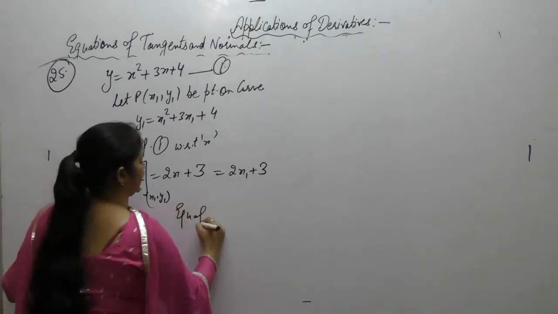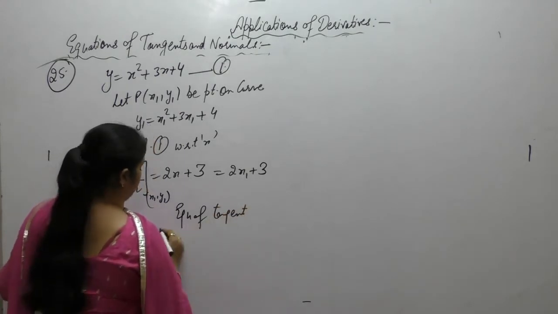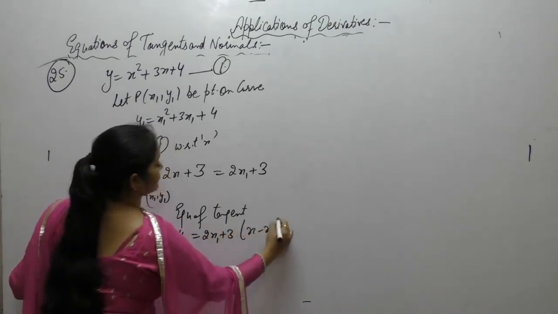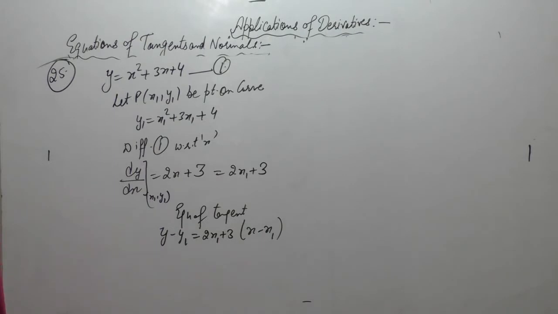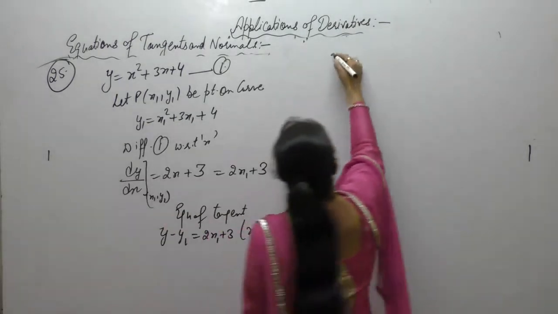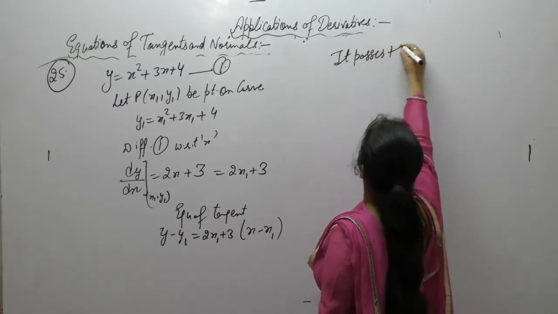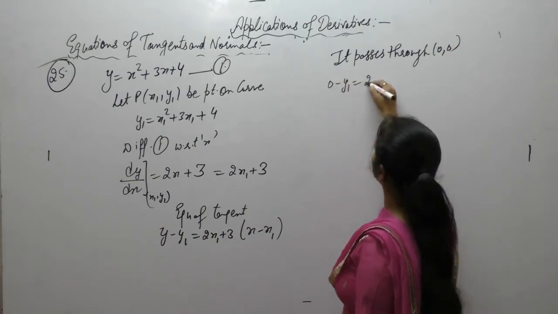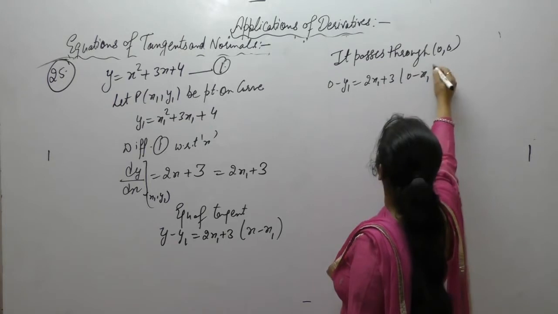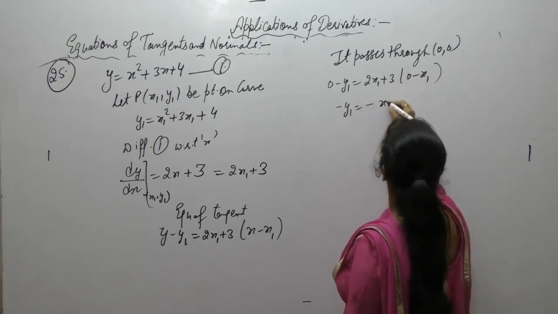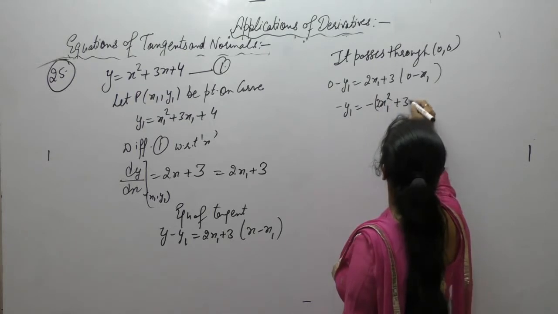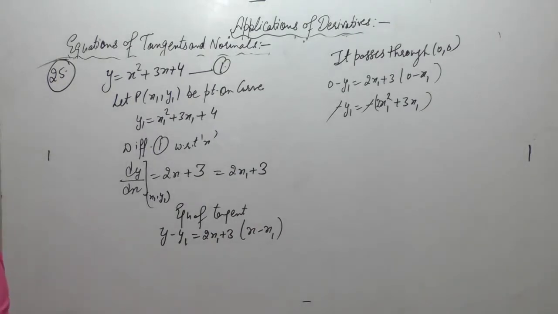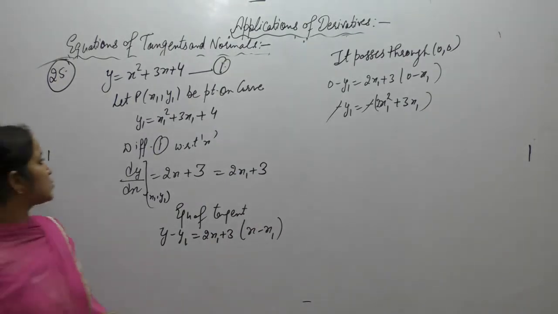First, the equation of tangent: y minus y1 equals slope of tangent times x minus x1. It passes through the origin. So 0 minus y1 equals 2x1 plus 3 times 0 minus x1, which is minus 2x1 square minus 3x1. The negative will get cancelled, so y1 is equal to 2x1 square plus 3x1.